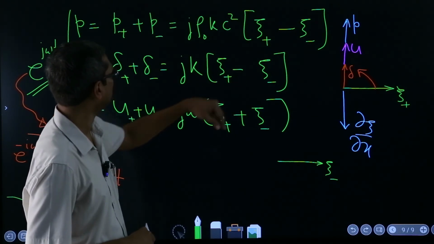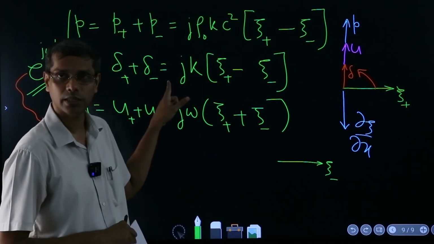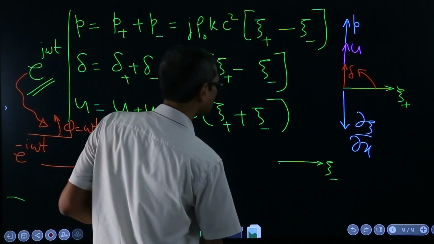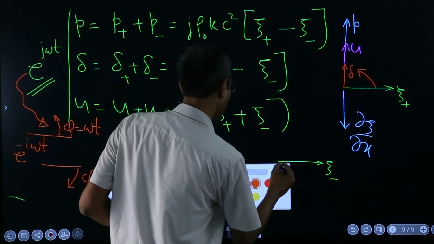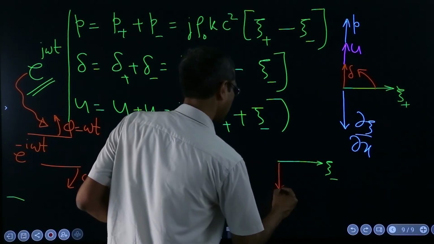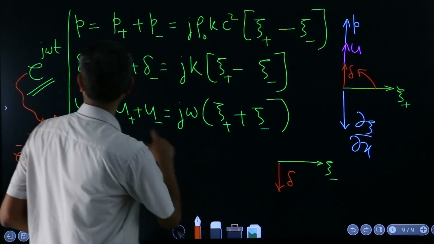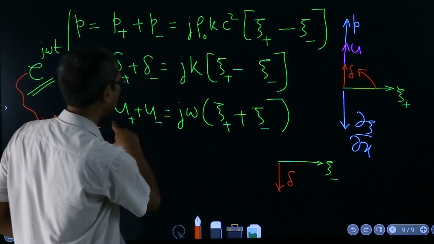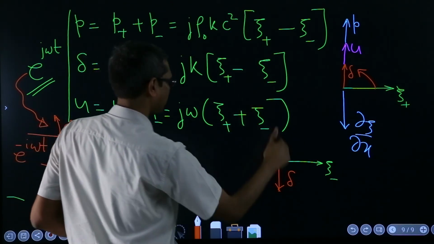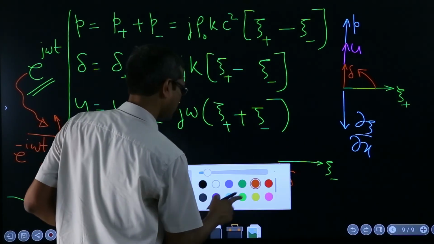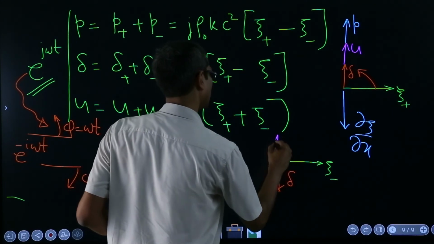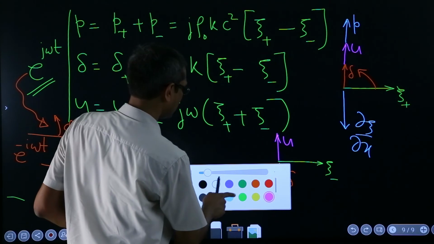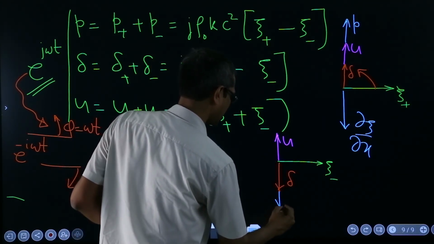This is in the opposite direction, right? So that means condensation is in this direction. This is delta. Then, U is positive. So U I have drawn there with this. So U is this. And what about P? P is negative. P is this.